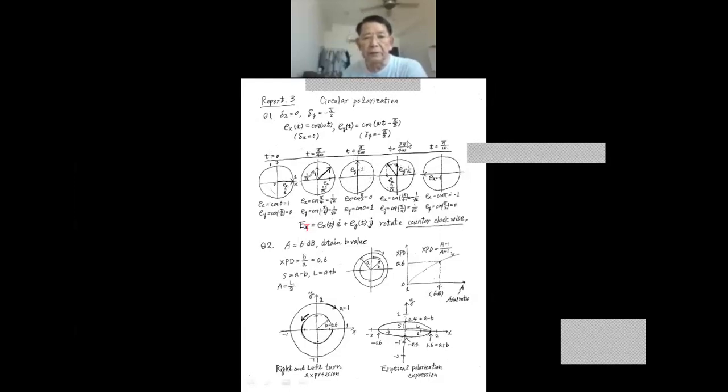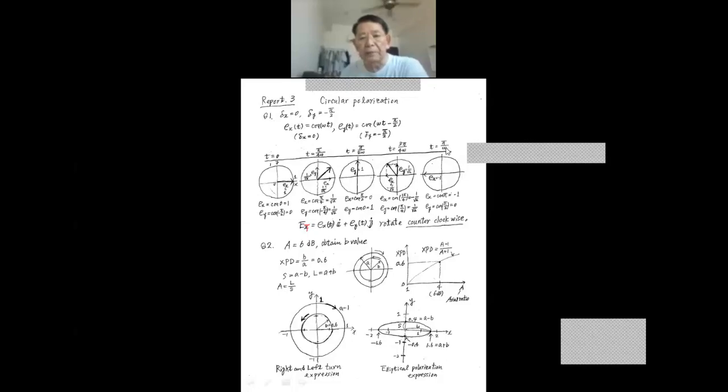And next, t equals 3 pi divided by 4 omega. Ex is cosine 3 pi divided by 4, which becomes minus 1 divided by root 2. The Ey component is cosine quarter pi. So the total is directed in this direction.